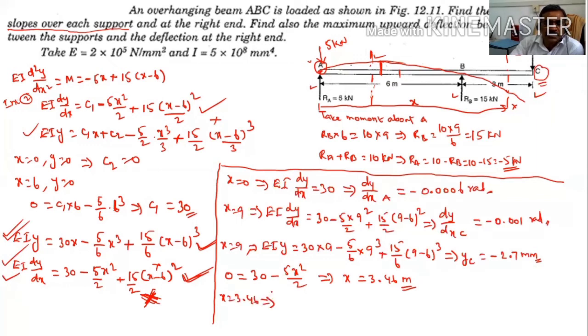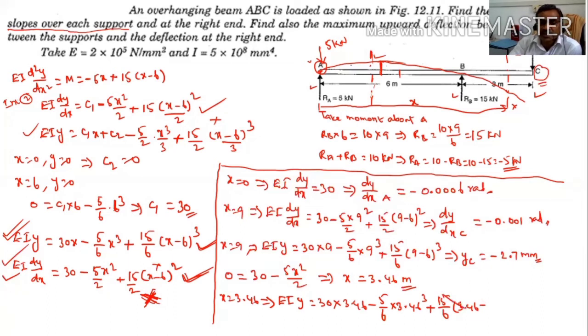Then EI into y is equal to 30 into 3.46 minus 5 by 6 into 3.46 the whole cube plus 15 by 6 into (3.46 minus 6).